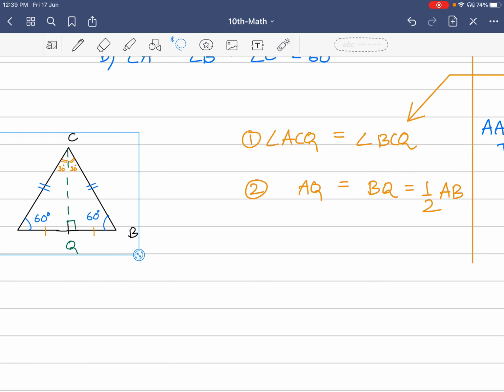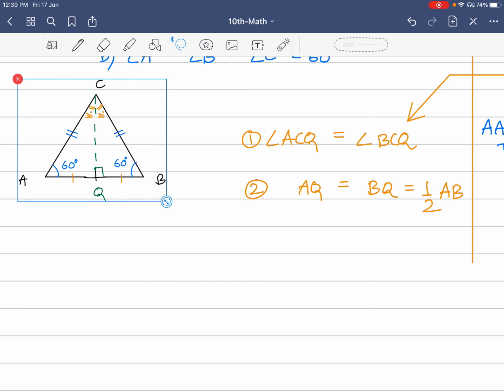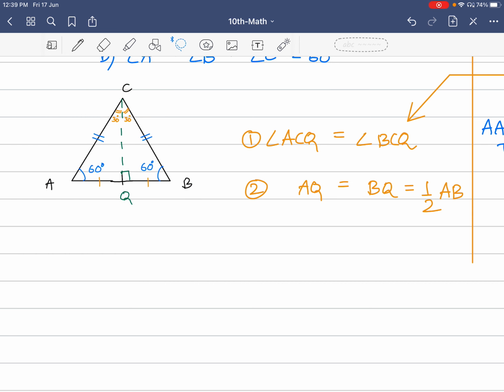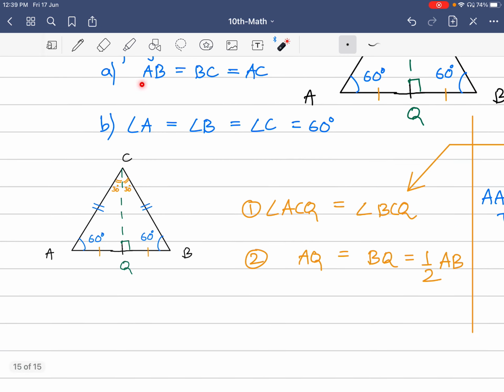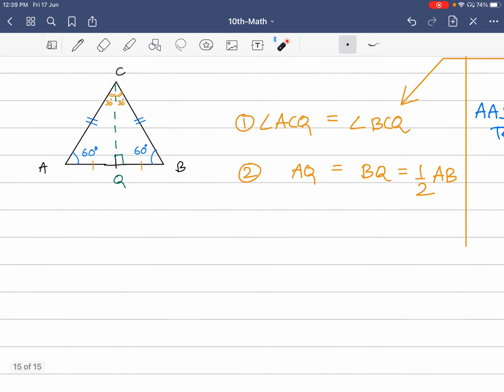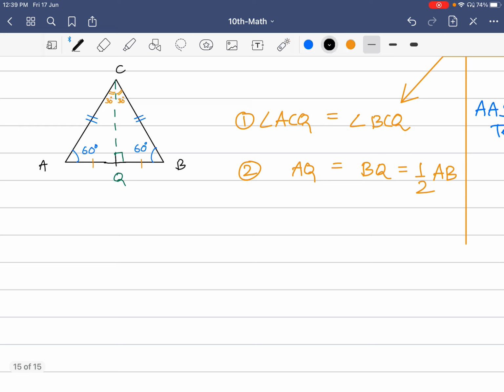Let's reduce it a bit in size. Note that AB is equal to BC is equal to AC, because this is our equilateral triangle. So now I'm going to let AB equal BC equal AC be equal to 2p.